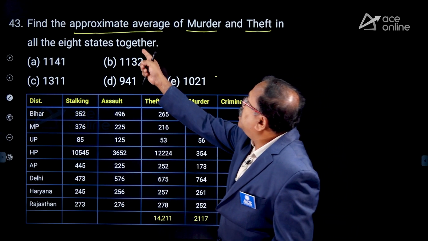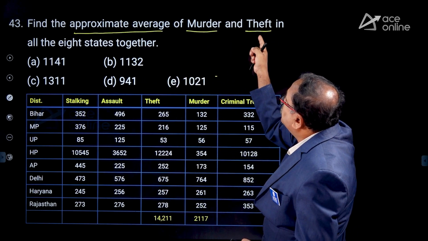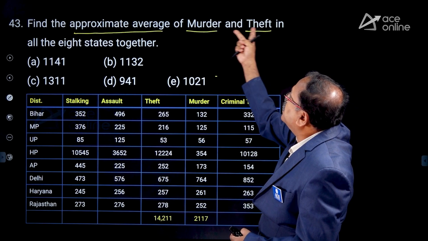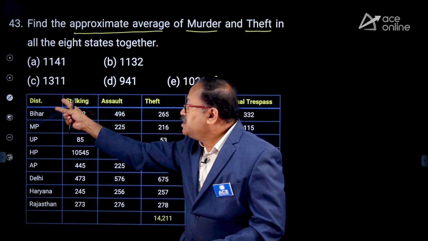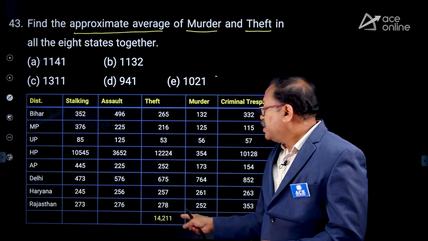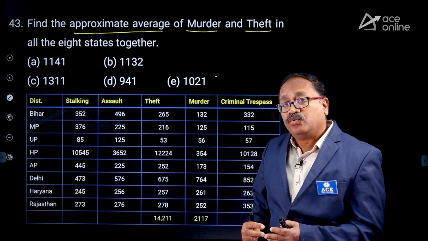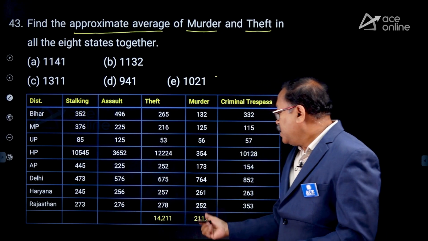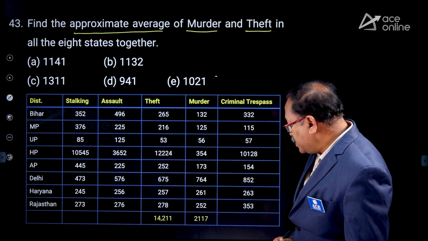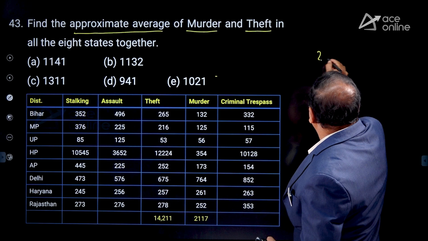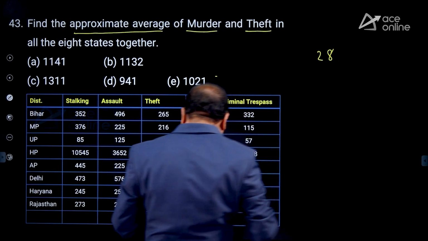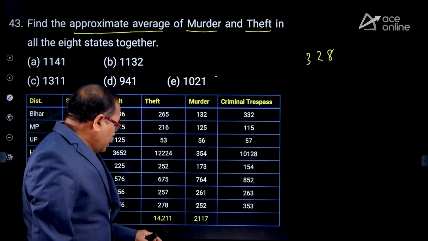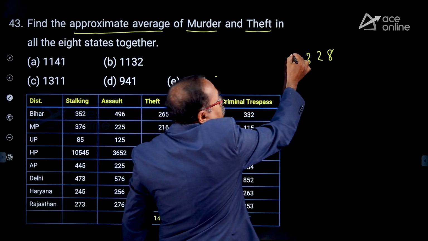No, it said the approximate average of murder and theft. That means again we have two different categories there. So I will divide the total by 8, and I will also divide by 2 in order to get the average of murder and theft. So let's do it. I take that figure, that is 28, so we get 28, then 2 and 1 is 3, and then comes 14 plus 2, which is 16.